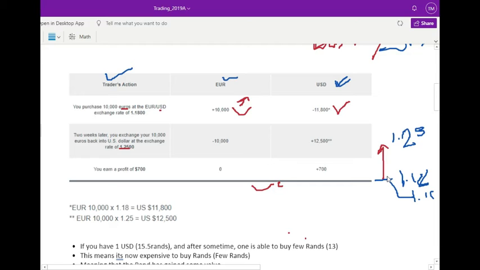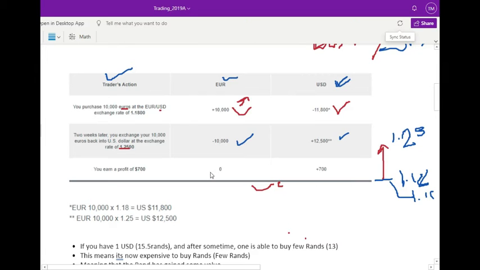Which means more USD can now be bought with the euros. If you sell these euros, you gain more USD, right?